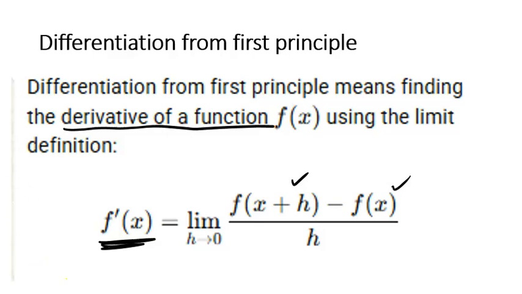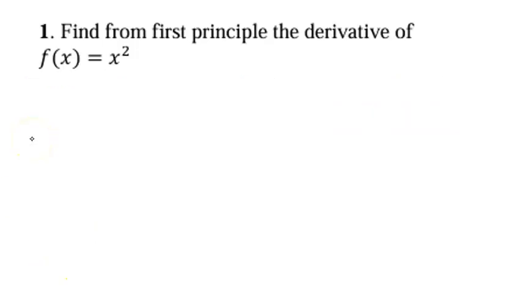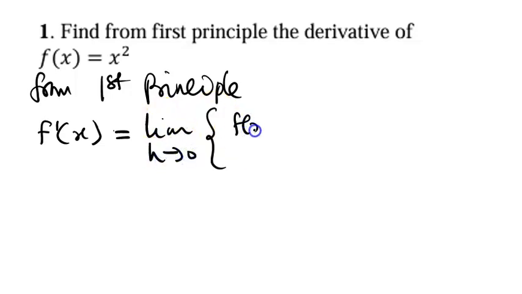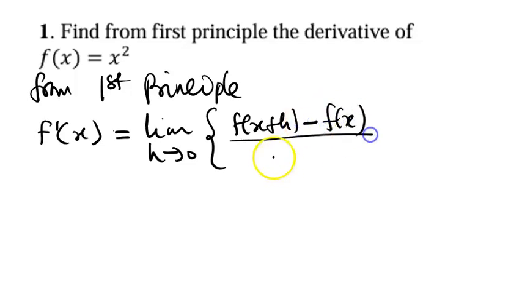Let's take some example. Find from first principle the derivative of the function f of x is equal to x squared. Now let's state our formula. From first principle, the derivative, which is f prime of x, is equal to limit as h tends to 0, f of x plus h minus f of x over h. Then you close the bracket.